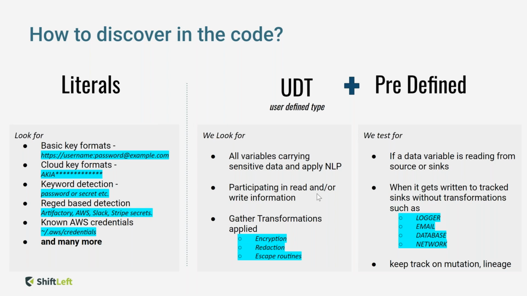For this demo, I've got a source code repo on GitHub, and I've integrated this into a CI system. I'm using CircleCI for this demo. And as part of the CI system, I've also integrated the Shift Left solution. That solution has been asked to look for sensitive data and for literals. And I'm integrating this into the pull request.